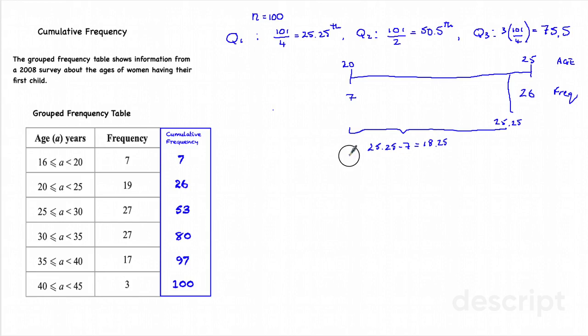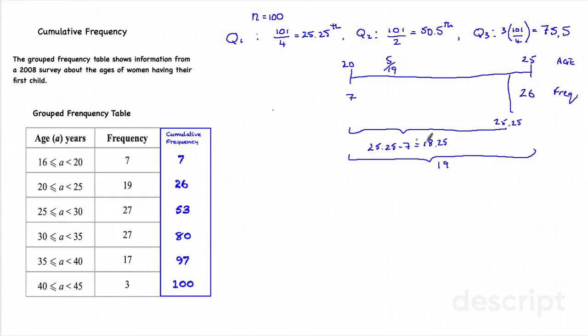I'm also going to note that this was a frequency of 19. So I'm going to start by dividing this group, the age, into 19 equal parts.